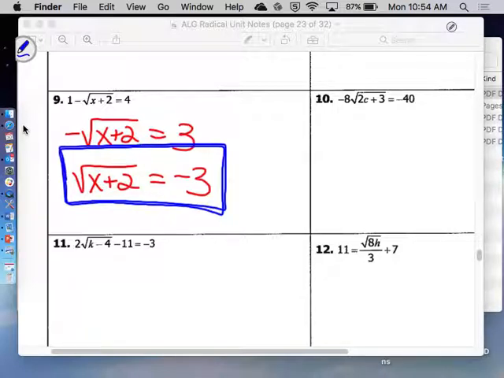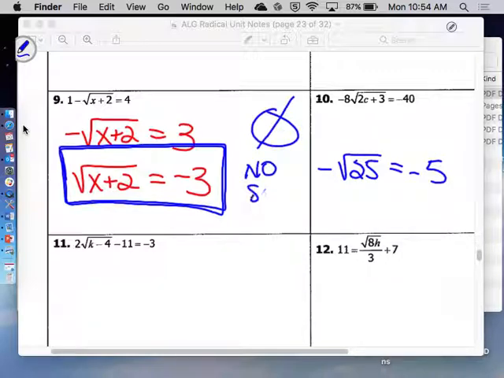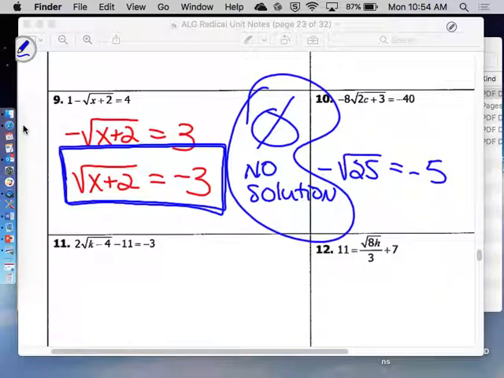The only time we have that is if you had a question, something like this, negative sign in front, which tells you to take the root, but then make it negative. But that's not the case here. Here there's a positive in front of the radical. So when you have the radical set equal to a negative outcome, this is a no solution problem. And I just went through all the steps to support that outcome. But when you've isolated the radical and it's set equal to a negative value, that is a no solution scenario.